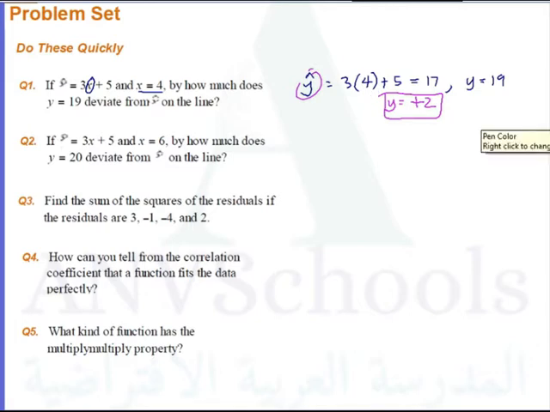So the same solution, our y hat is equal to 3 times 6 plus 5, this is 18 plus 5, this is equal to 23, and y equals 20 deviates from this by negative 3 units, so negative 3.